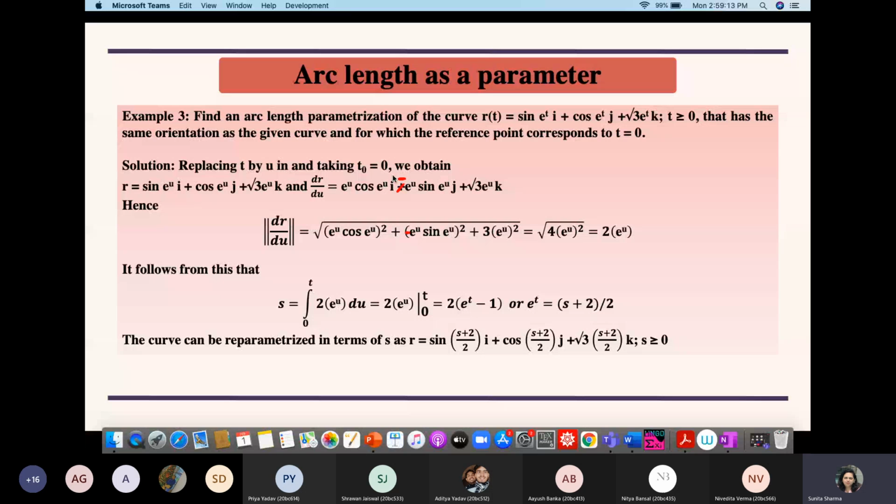It does not say change of parameter; such a topic is not mentioned. So for the time being, I'm not going to take it up. No questions have been asked on it in the past year papers available to us, you can check that, and the syllabus also doesn't mention it. So I will not take that part right now.